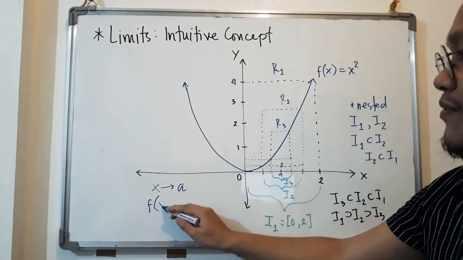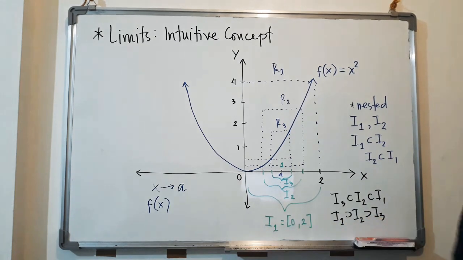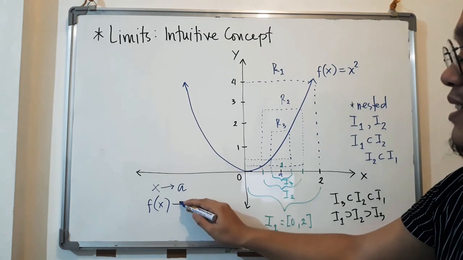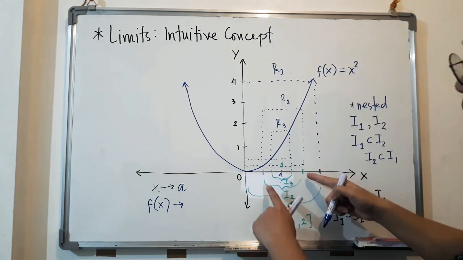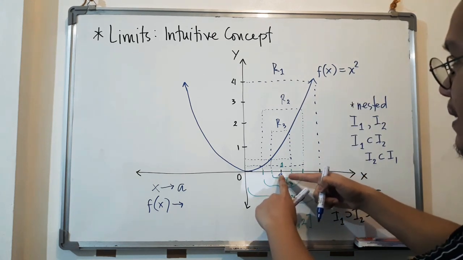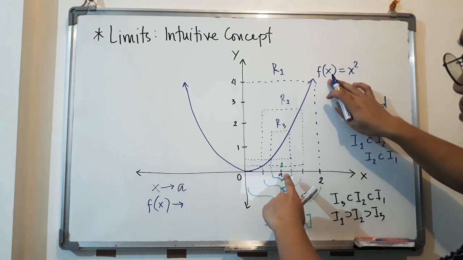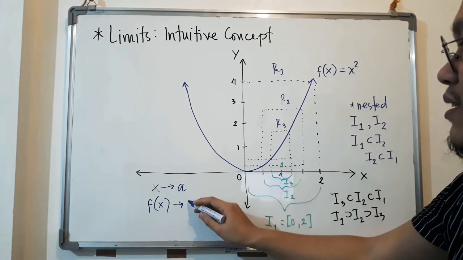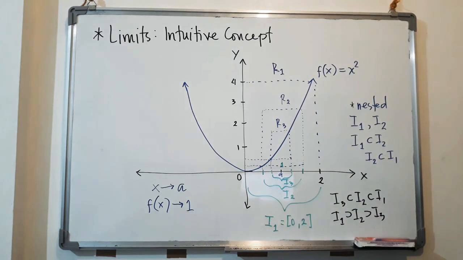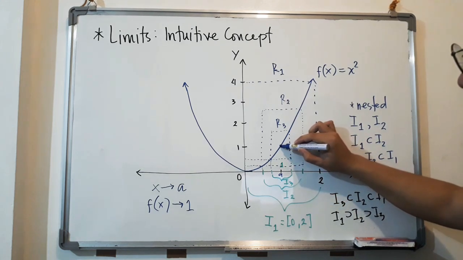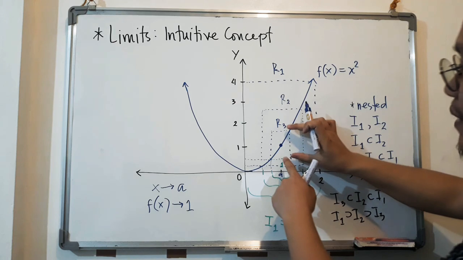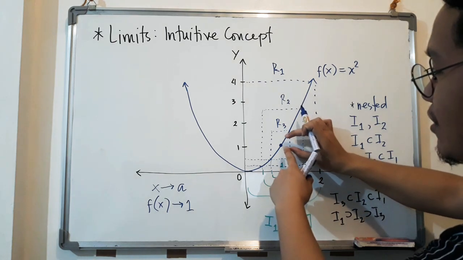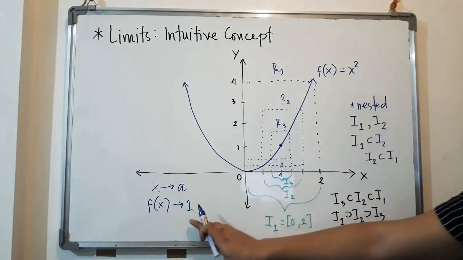What happened to the function value in this set of x's? In this example, as values of x approach a, the function value approaches 1, right? Nag-a-approach siya dito. Okay. Pa-liit ng pa-liit yung rectangle natin to the point na its limit is 1.